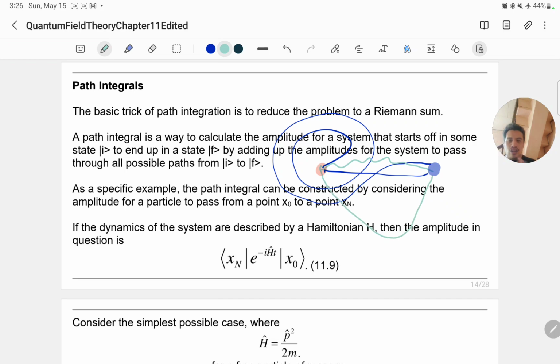So you add all of those paths, and then you're actually getting the total amplitude. By adding all the paths going from the initial point to the final point, you're adding all the amplitudes of the system, or the amplitude of the path through which the system goes from the initial to the final point.